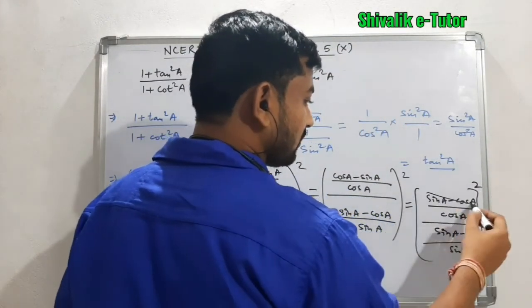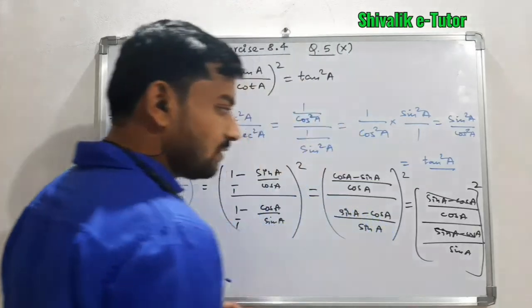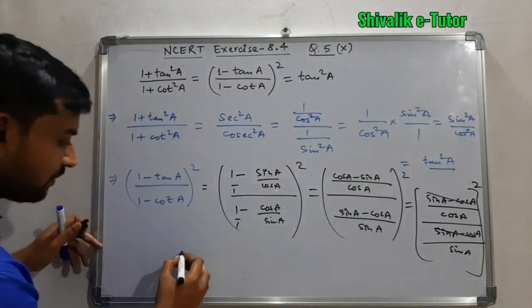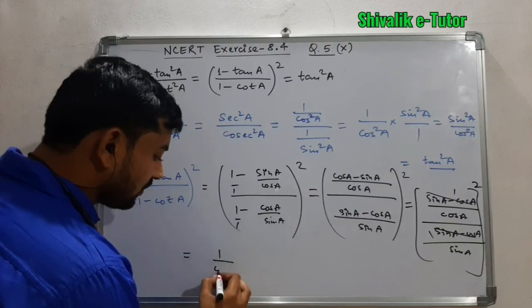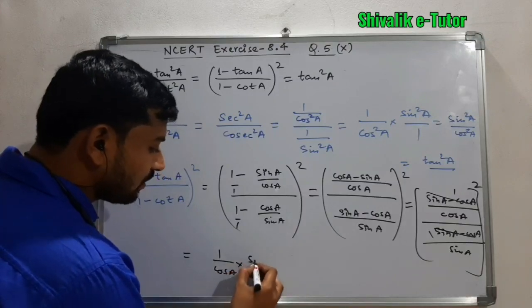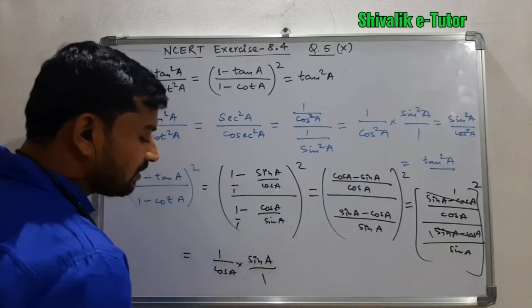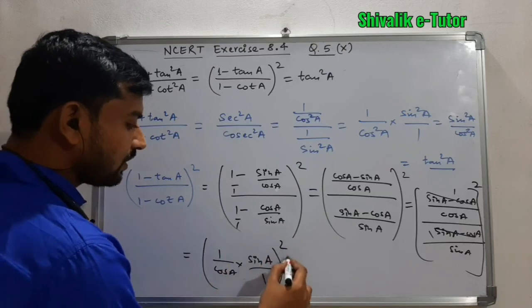Now sin A minus cos A and sin A minus cos A, this will be cancelled. So from here we are getting, this is 1 and 1, so 1 upon cos A into, if we take the reciprocal of second, we will be getting this and whole square.